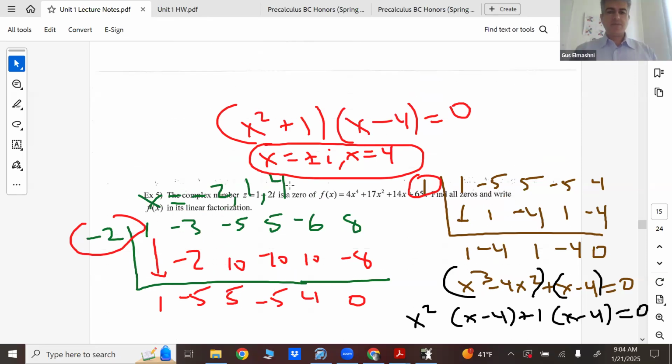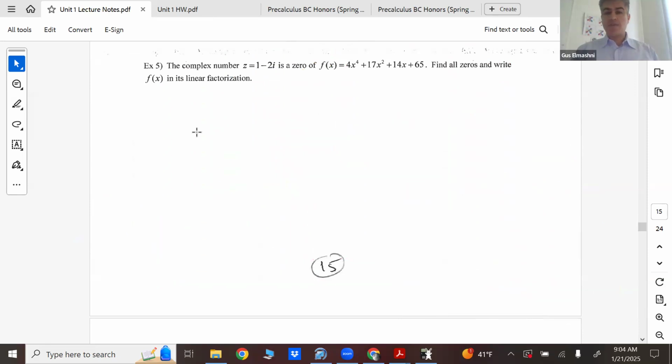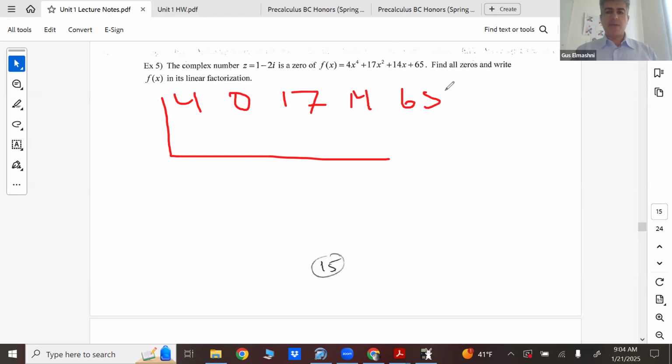Cool. All right. So let's try this again. Now, if 1 minus 2i is an answer, here's what you're going to do. 4, 0, 17, 14, 6. Now, can you find the P and Q stuff? Sure. But if you're given a 0, I would probably put this as a non-calculator question.